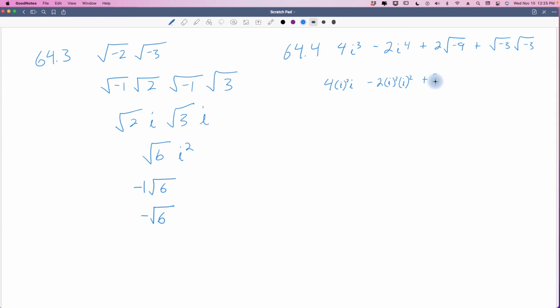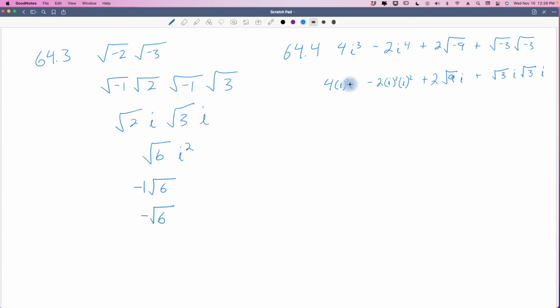And then over here, we're going to say 2 times 9i plus the square root of 3i times the square root of 3i, right? Now let's go back to the beginning. And let's look at what we have.